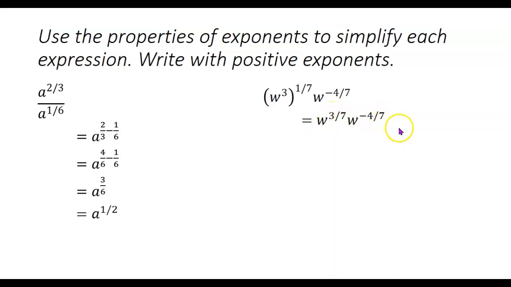Now we add the exponents and get w to the negative 1/7. But remember, it said write with positive exponents. So we don't want to leave it as w to the negative 1/7. We want to write it as 1 over w to the positive 1/7. So our final answer here is 1 over w to the 1/7 power.